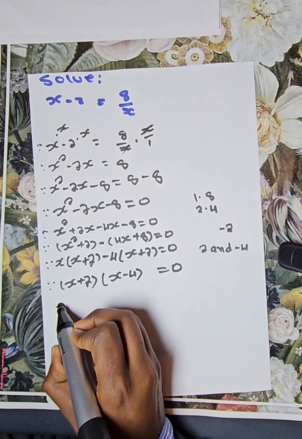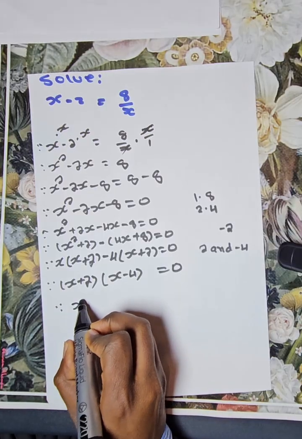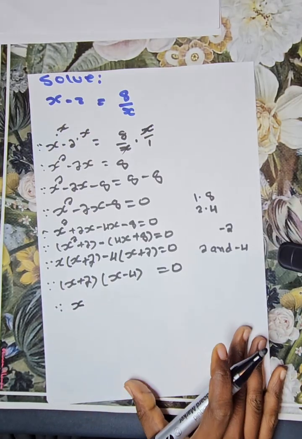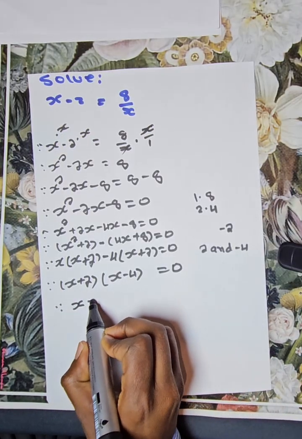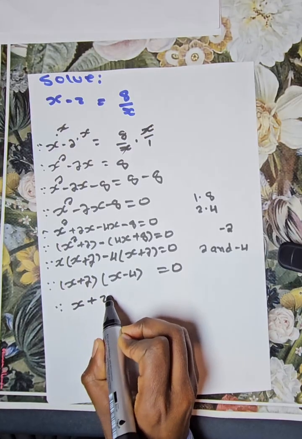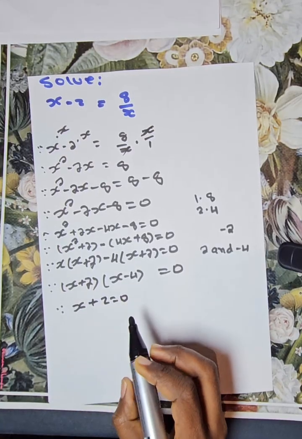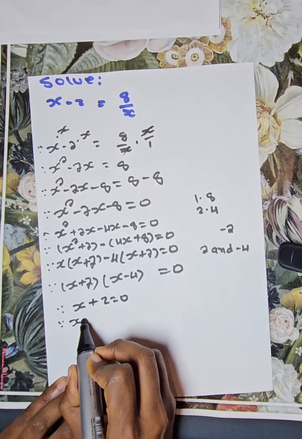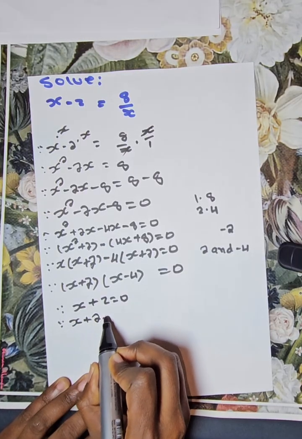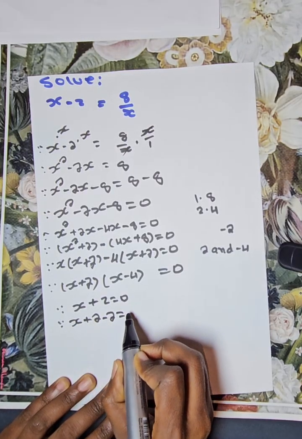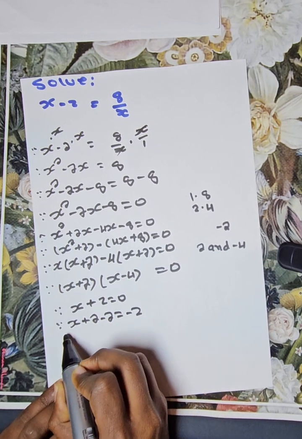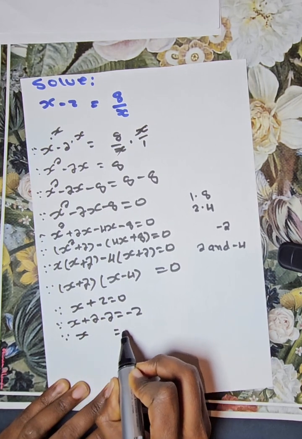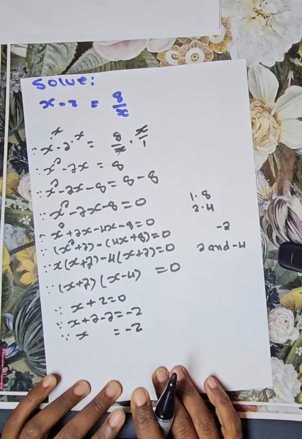Now put each factor equal to 0 in order to solve for x. So let's say x plus 2 equal to 0. Now we need to get rid of the plus 2. And how? We subtract 2 from both sides. Well, this simplifies to x equals negative 2.